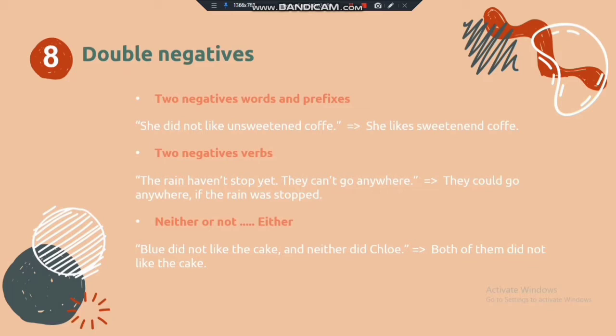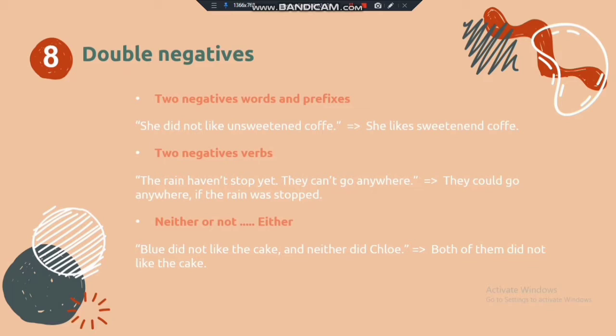Next is two negative verbs. If you find this type of double negative, please pay close attention to the conversation. It seems similar to a conditional sentence, but it has a different form. Other than that, it is also an implied meaning.